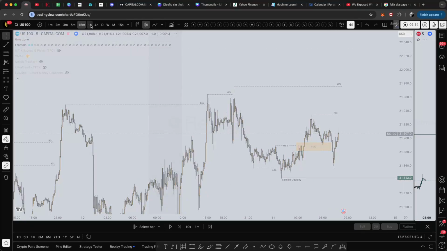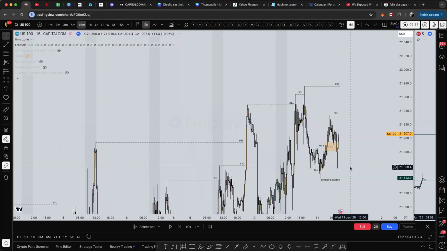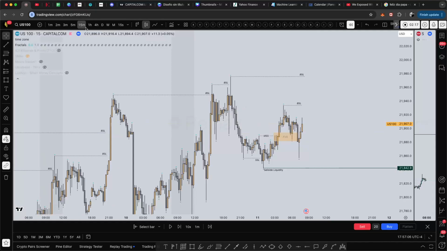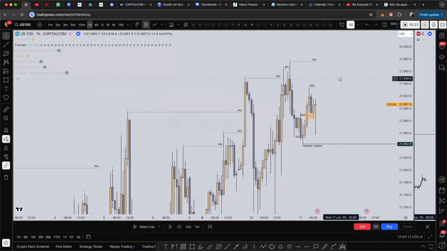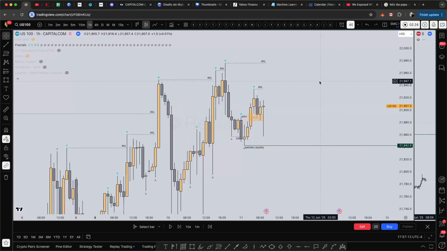So look at this. When I woke up this morning, I went into the charts. I remember the first time frame I looked at was the 1 hour time frame.